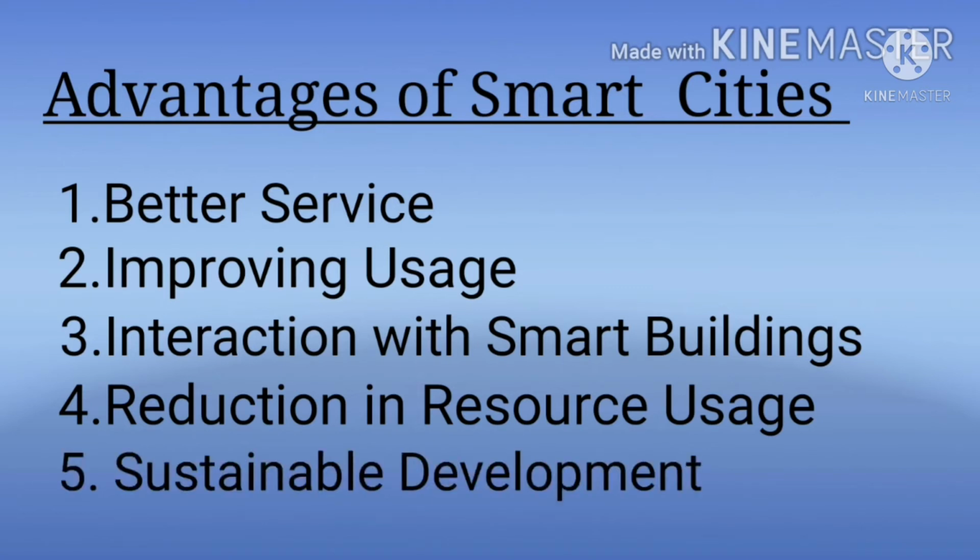Sustainable development means whatever resources are available with us, we use them wisely. We have to keep them for future generations, and that's what is meant by sustainable development. So, the advantages of smart cities also include sustainable development of the environment.